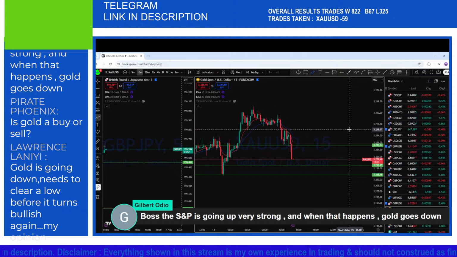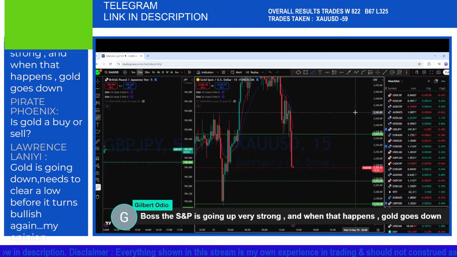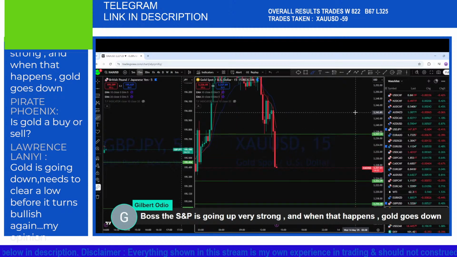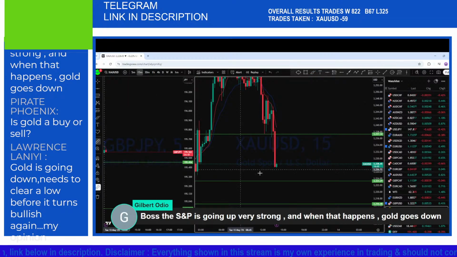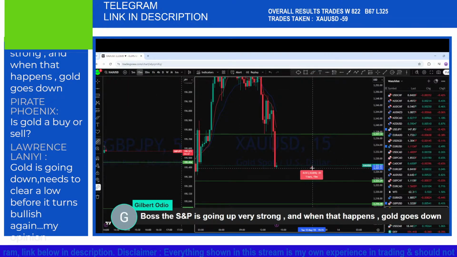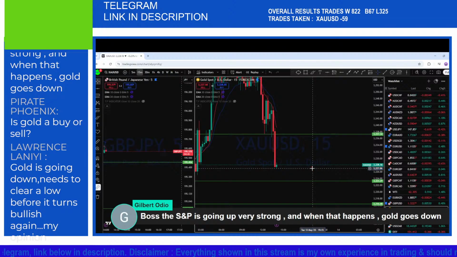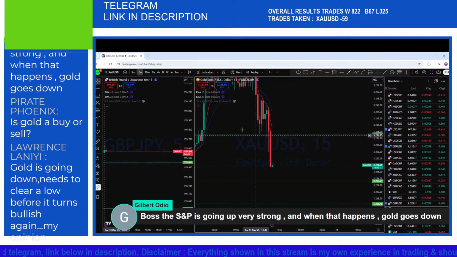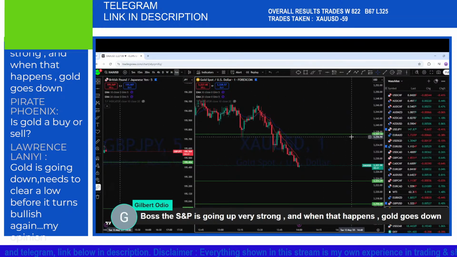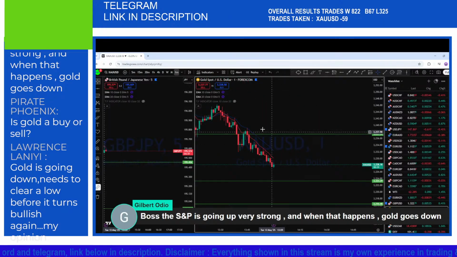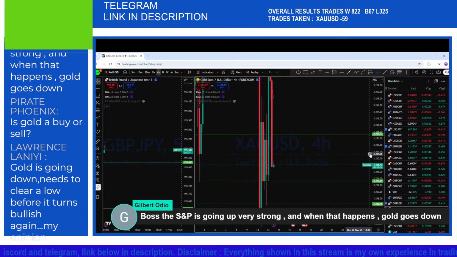For us to look for the candle close on the lower time frame and the higher time frame, so the 4-hour candle close.